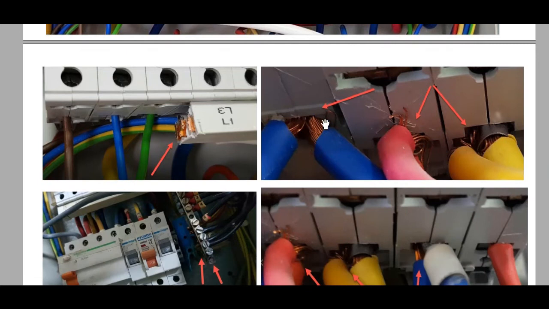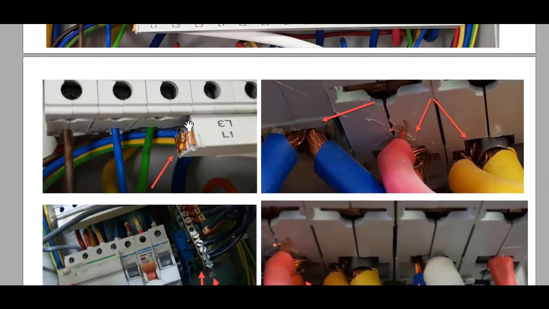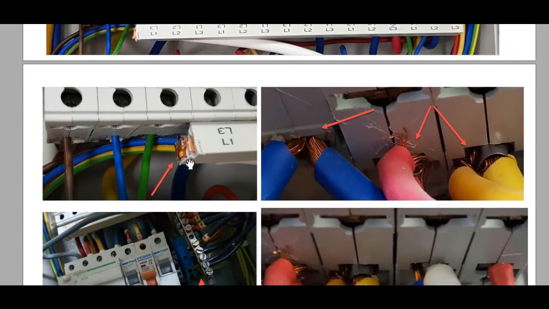And also as you see in this photo, this is the bus bar. You see how they are cut. This is unprofessional work done by this electrician, and I punished him at that time, because he must not cut like this. There are rules that he cut this bus bar, and it must be isolated professionally.